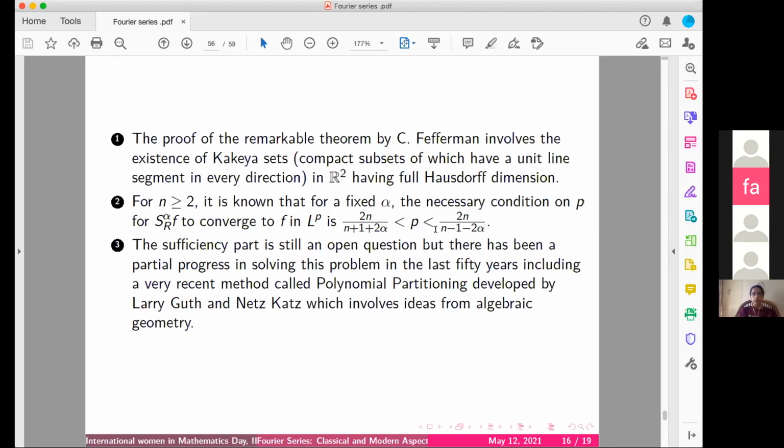It is still very exciting for mathematicians to work on this problem. It started from Fourier series, and it has developed into a completely different sort of territory, which involves algebraic geometry and lots of ideas. That is something remarkable, I think.